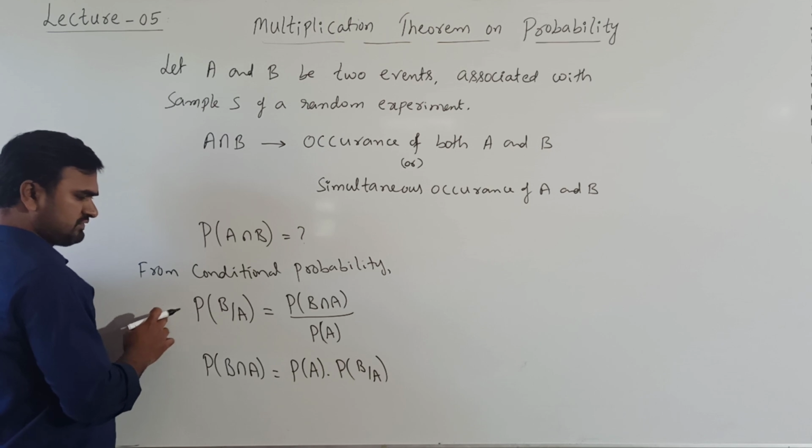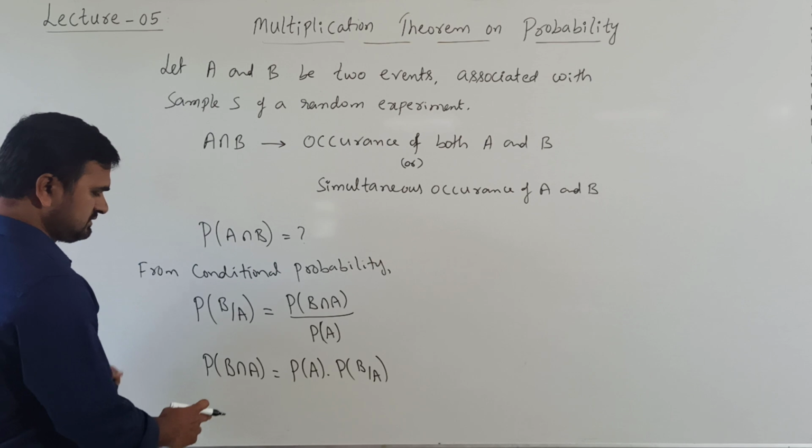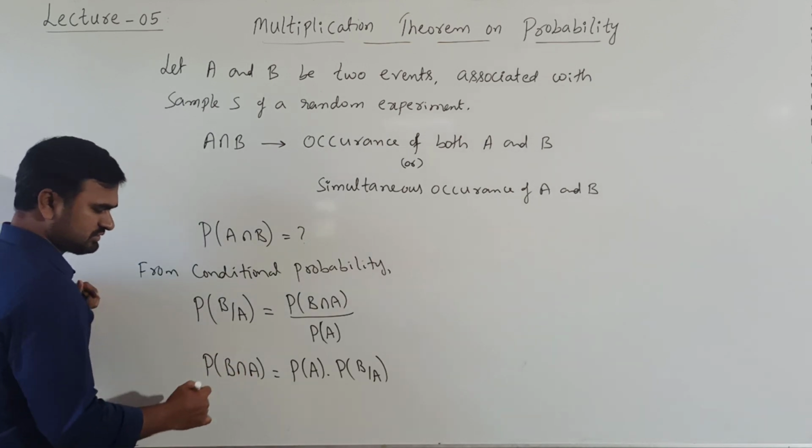So P of A into P of B given A is P of B intersection A. Now B intersection A or A intersection B both are the same.